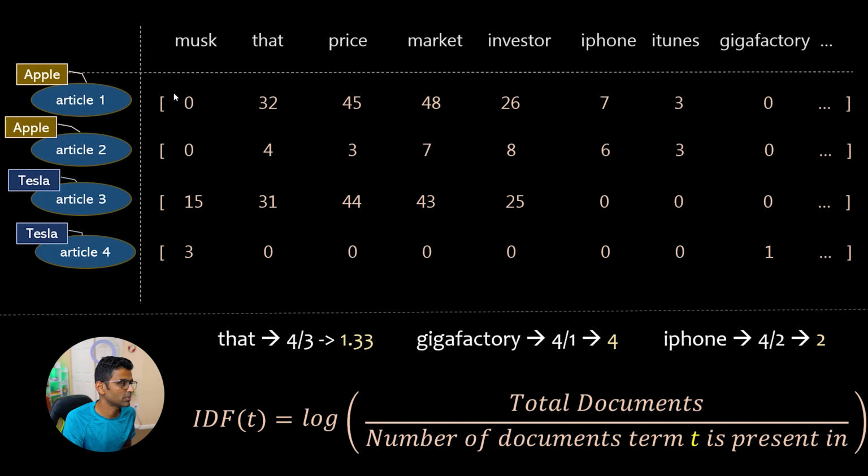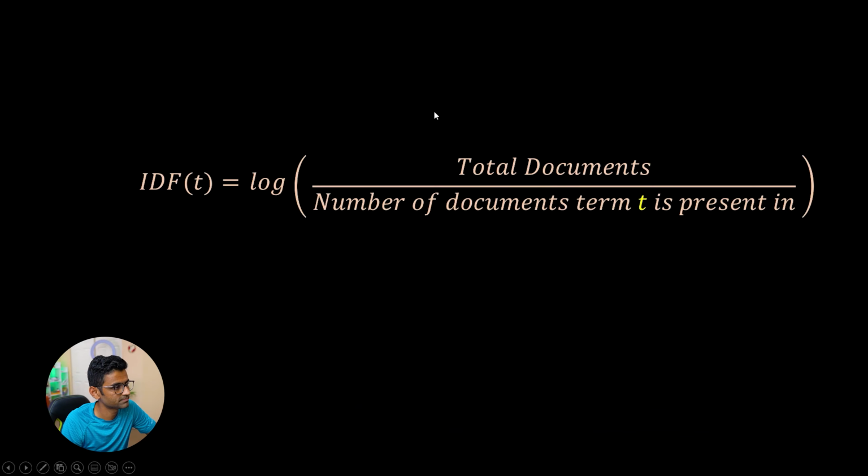So for example, the term frequency in article 1 for the term market will be 48 divided by the total number of words in that article. Let's say in that article, total number of words are 1,000. So the term frequency for market in article 1 will be 48 divided by 1,000.